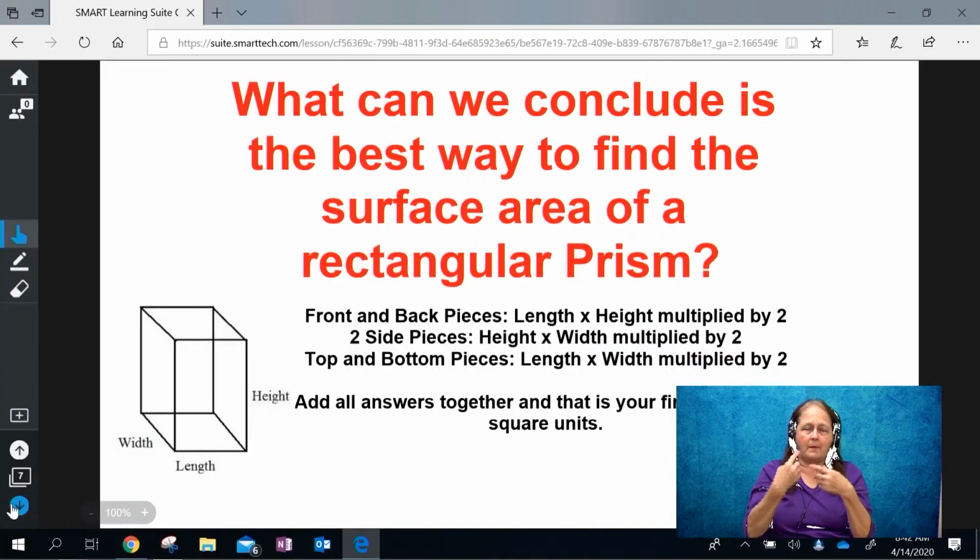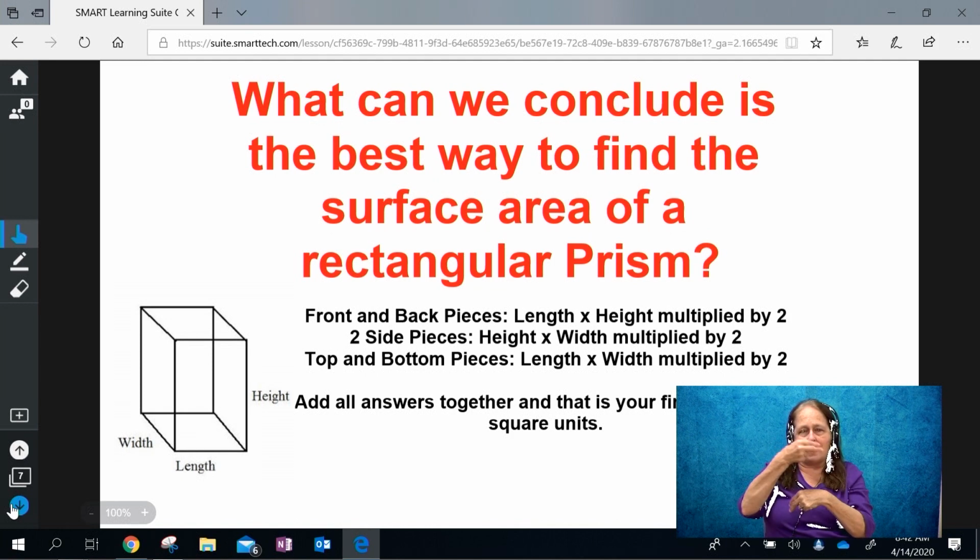If you take the front piece and the back piece and you say, where's my little pointer? Well, I could just do it with my finger. Okay. If I take the front piece and the back piece and I say length times height, which is area, wouldn't that cover that whole thing to do length times height?